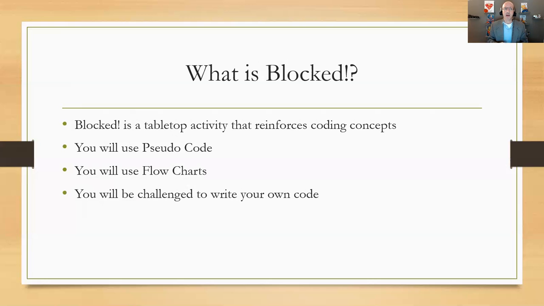Flowcharts have specific icons or diagram elements like rectangles and diamonds. Once we become familiar with all of those components, we are better able to create a flow chart and better able to visualize how the code should flow.